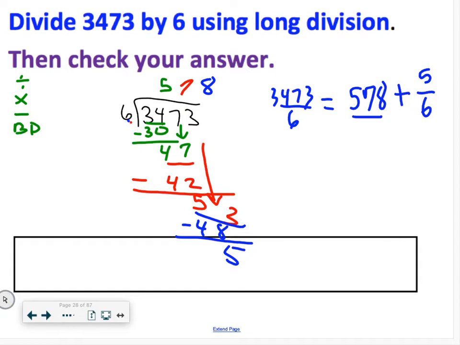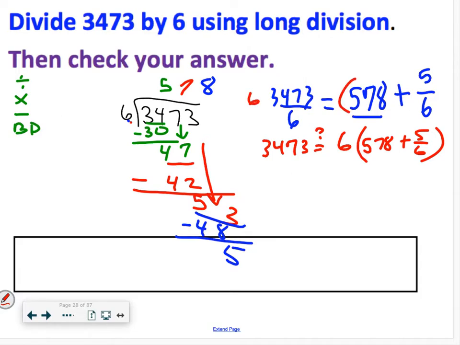And what we can do is we can check that, bless you, by multiplying to see if 3,473 really does equal what we got times the 6. So basically, we're just taking and multiplying both sides of this by 6 to check our answer. So we take 6 times 578.